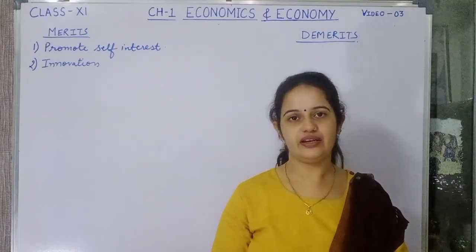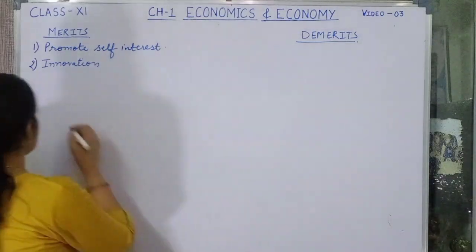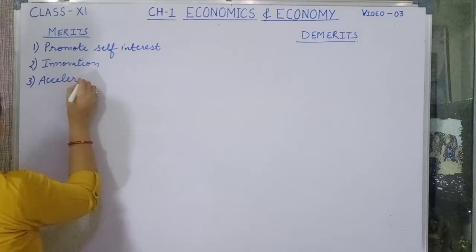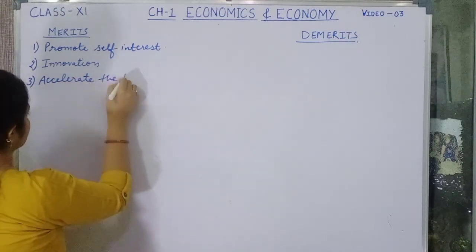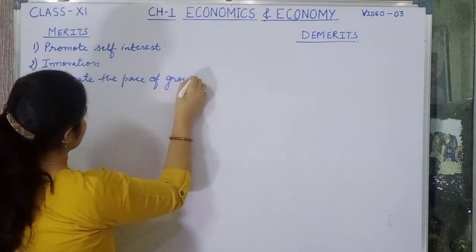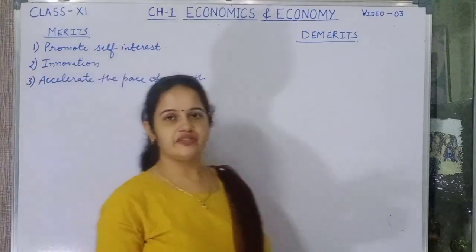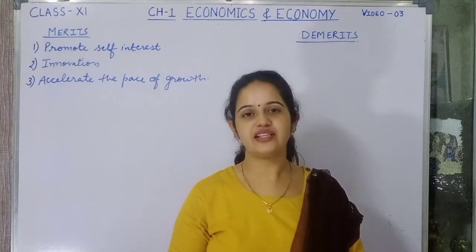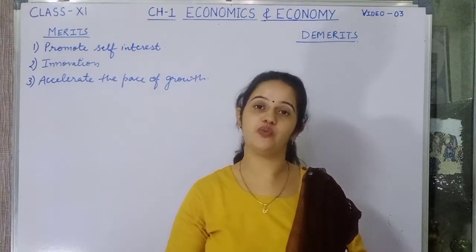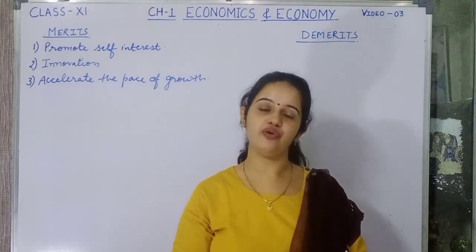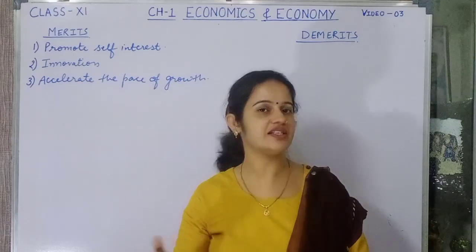Third merit is accelerate the pace of growth. Definitely, growth and development is promoted as new innovation is coming, investment increases, and when investment increases, therefore the GDP also increases in the economy.